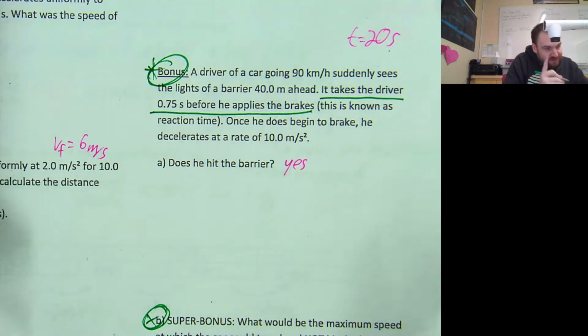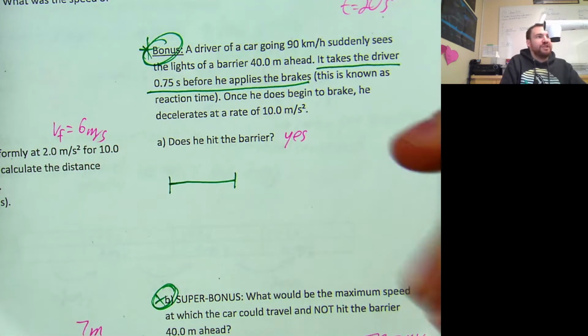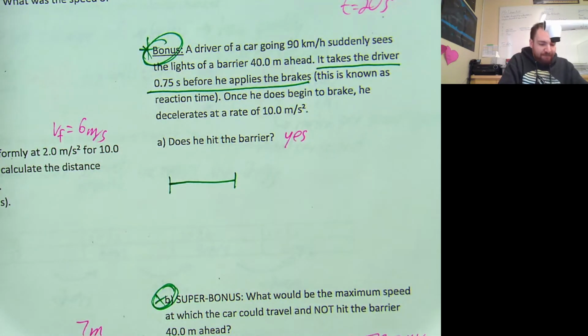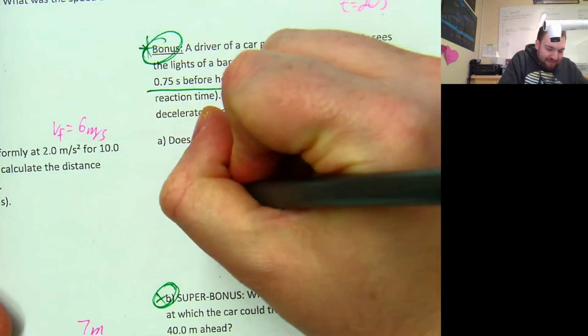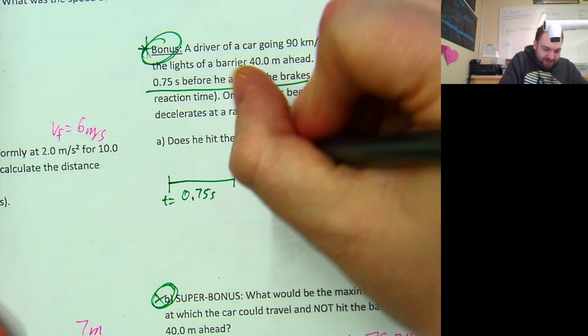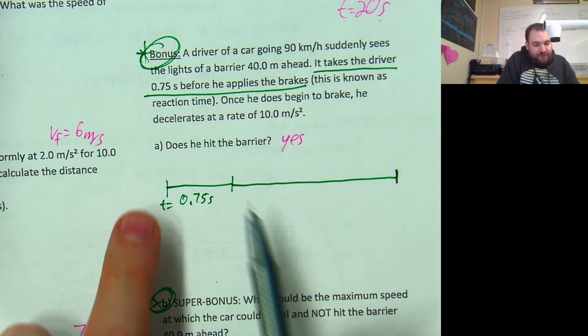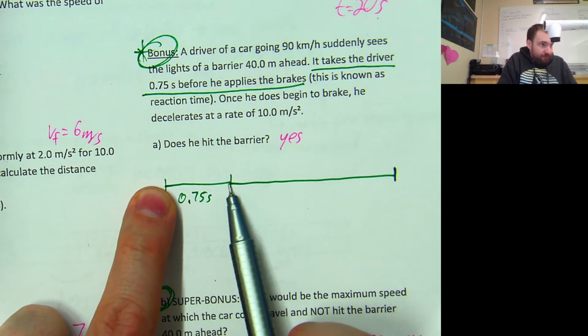So, here's what's happening. We're going to draw it out like I drew out the first one. Car travels for some undetermined distance, and that over that 0.75 seconds. And then he begins to slow down. For this chunk of time, how fast is Buddy going?